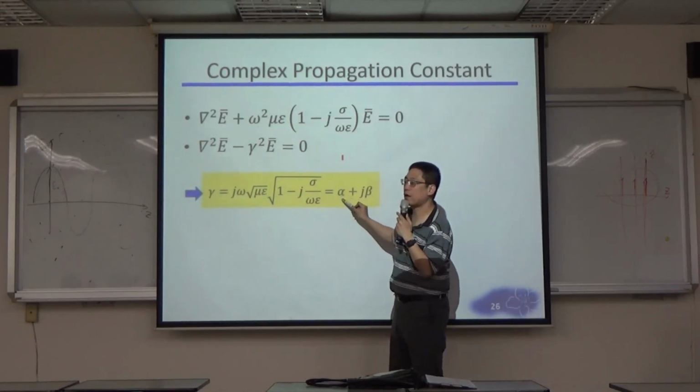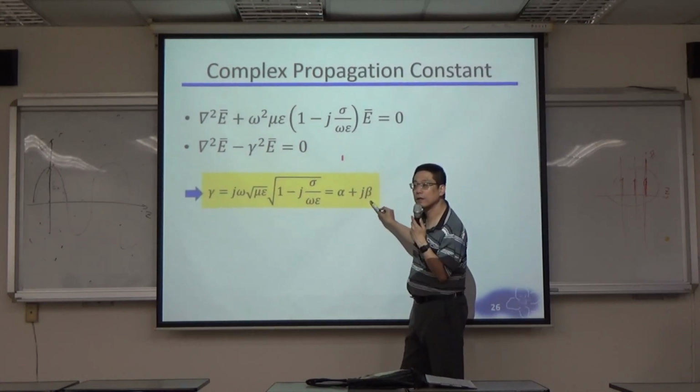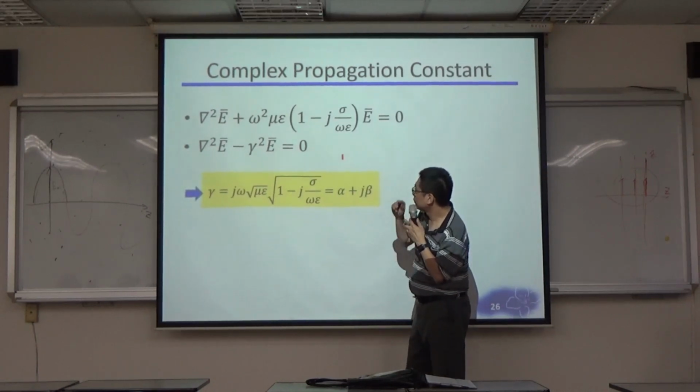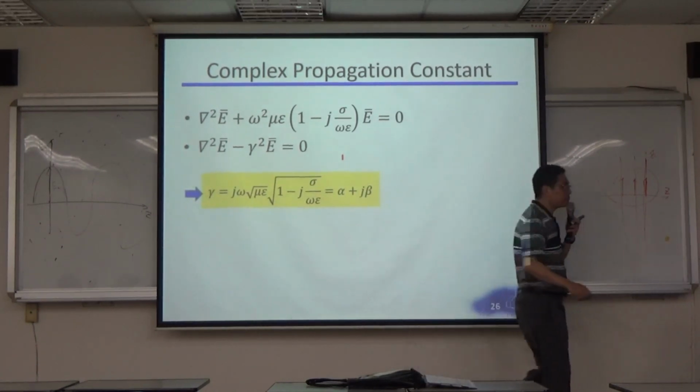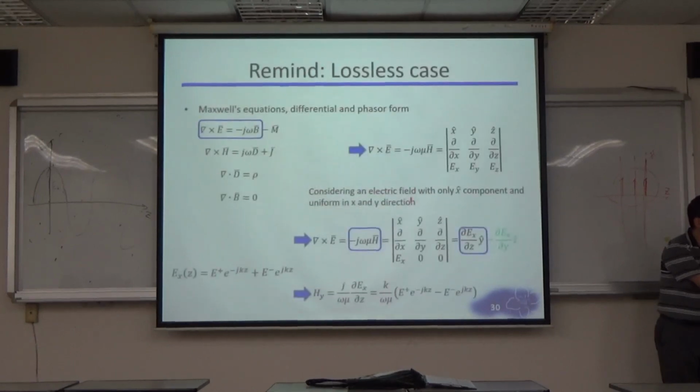The real part is alpha, and the imaginary part is beta. I already told you the result from this one. Your k is your beta if it is a lossless case. Don't need to think about it too much. We already did that before.